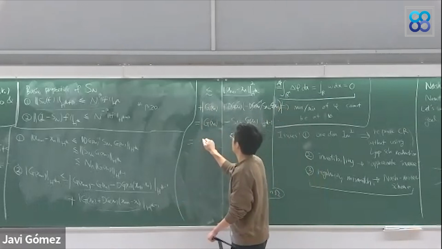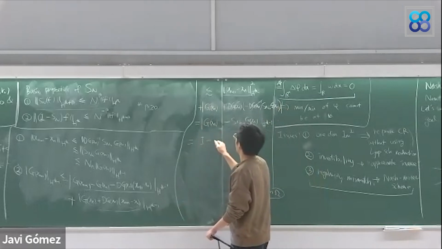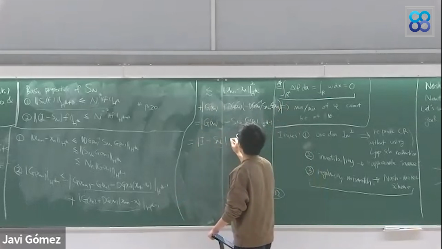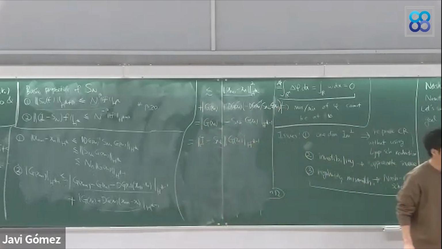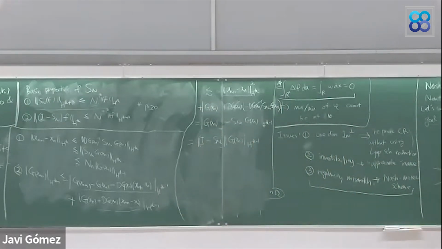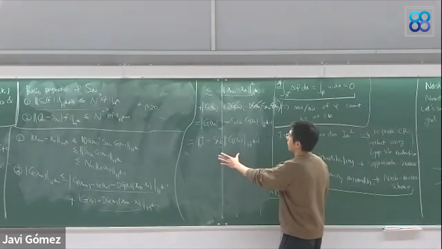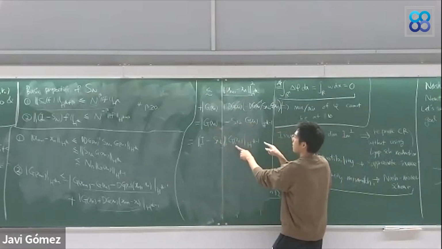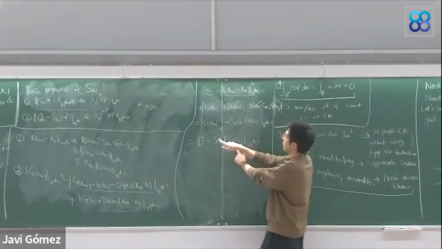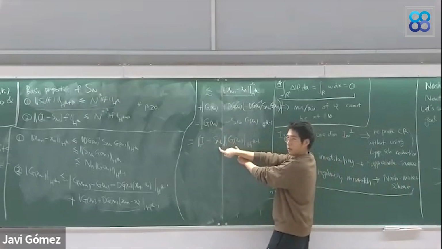And this can be written as the identity minus S_n of G(x_n), in H^(k-1). I just pull out this G(x_n). So this is the identity, and then we have this smoothing operator here.